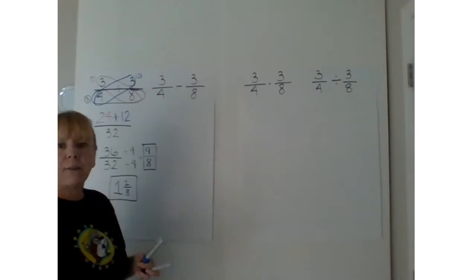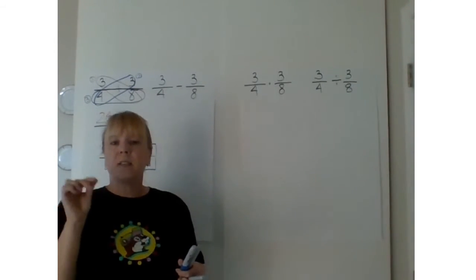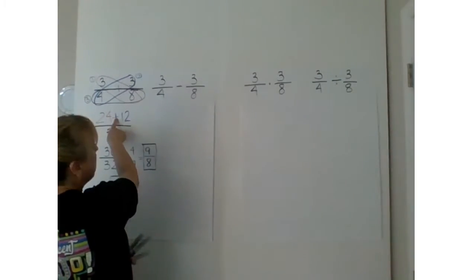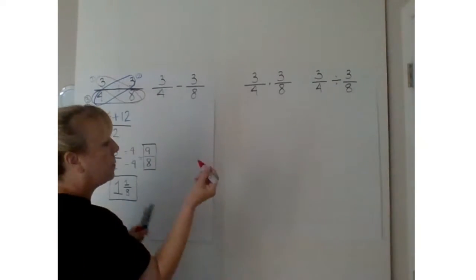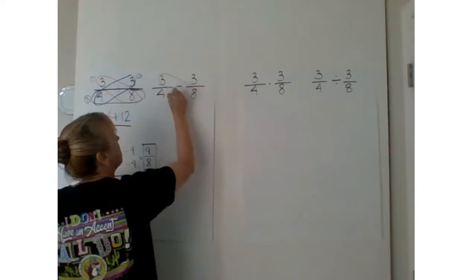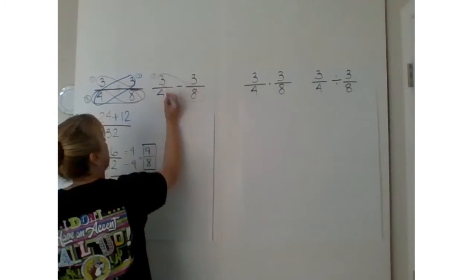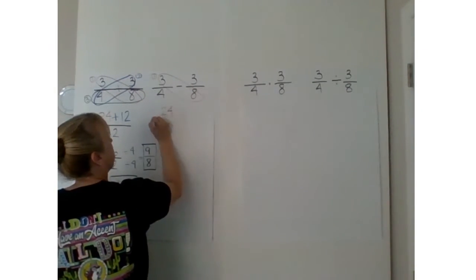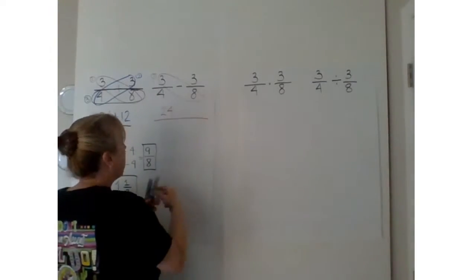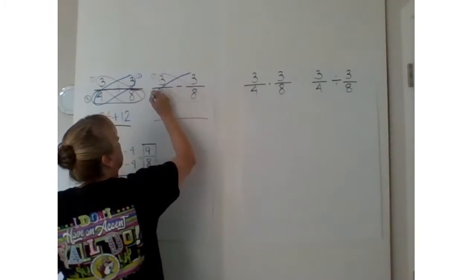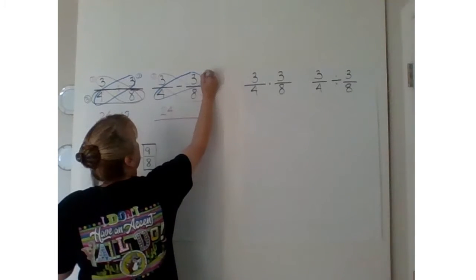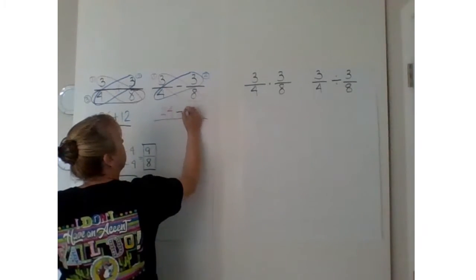Okay, so let's do minusing. So the only difference in minusing is in the middle, right here, we're going to put a minus instead of a plus. So here we're multiplying this, that's 24. Then we're going to multiply those two, minus 12.